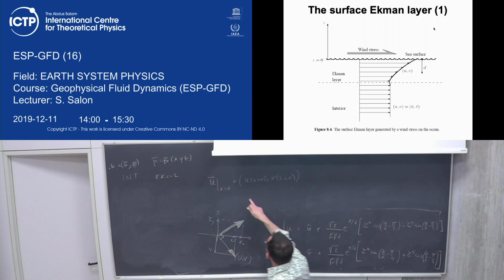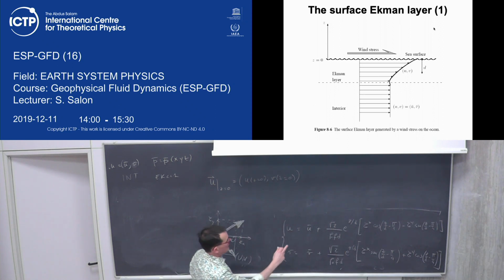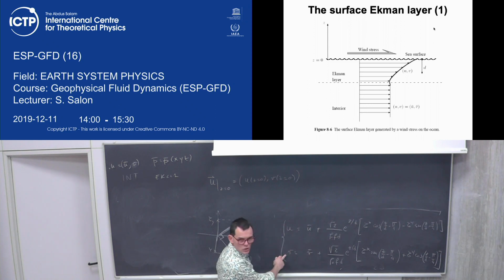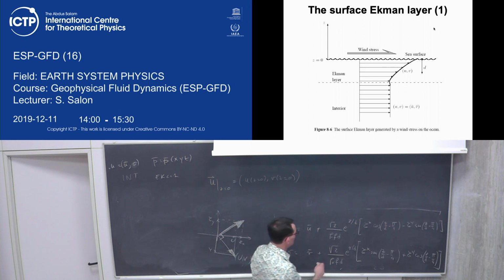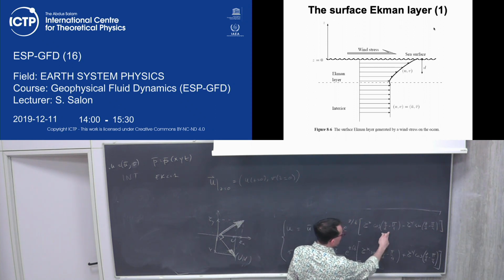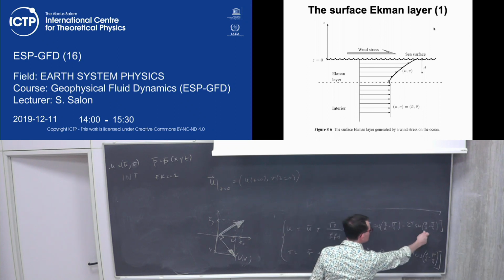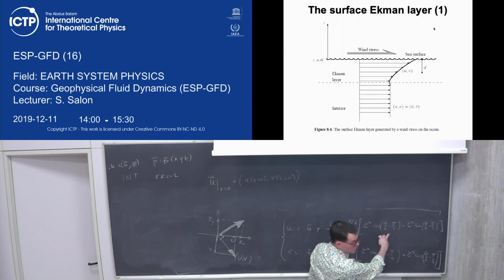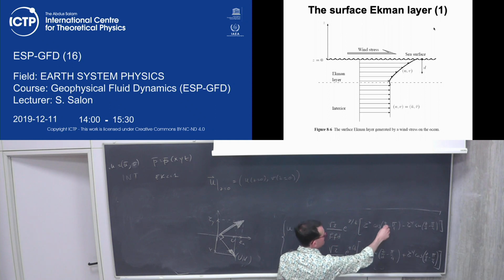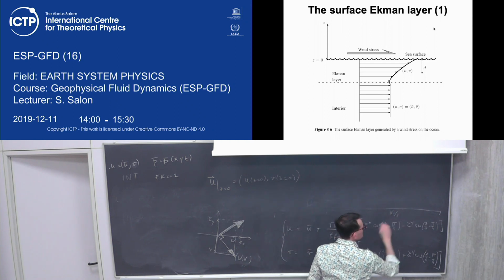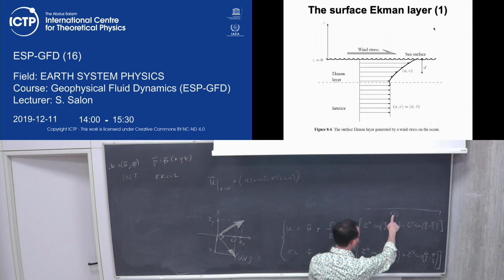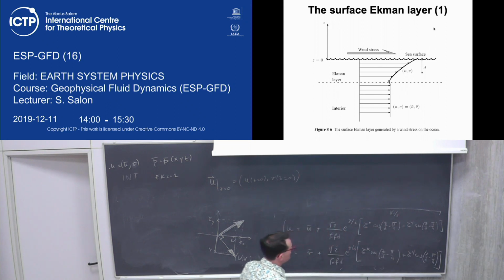If we want to calculate the velocity at the surface, we just have to take the solution of the problem and put z equal to 0. Easy, no? So this will be 1, and here we will have cosine and sine of minus pi over 4, so there will be something with the root of 2 divided by 2.